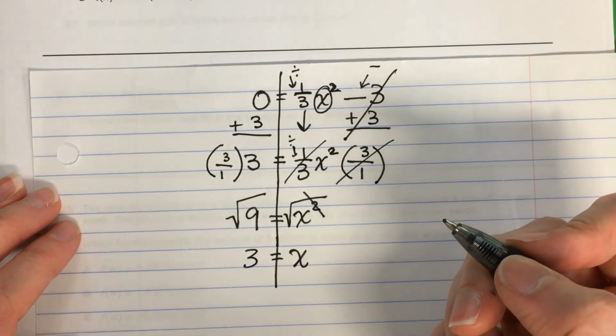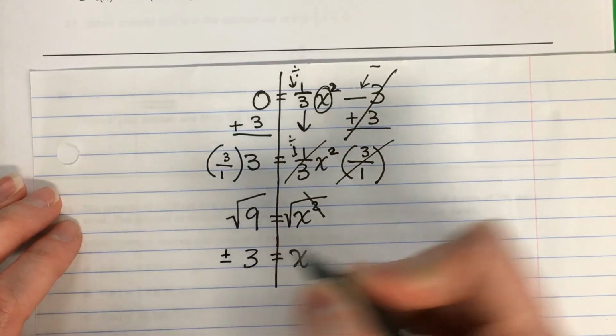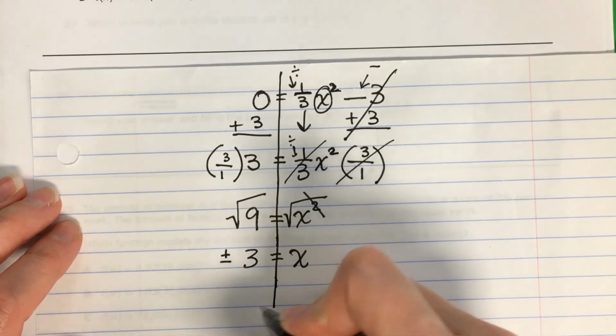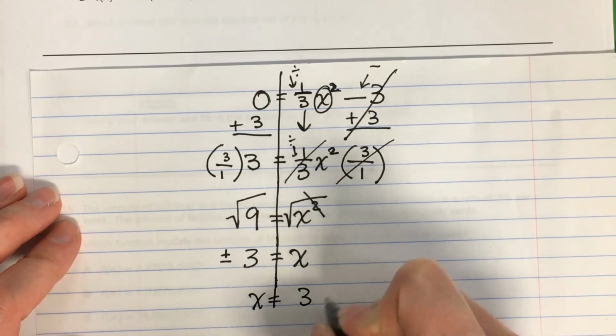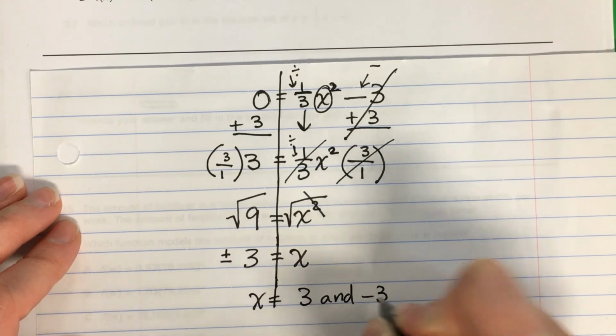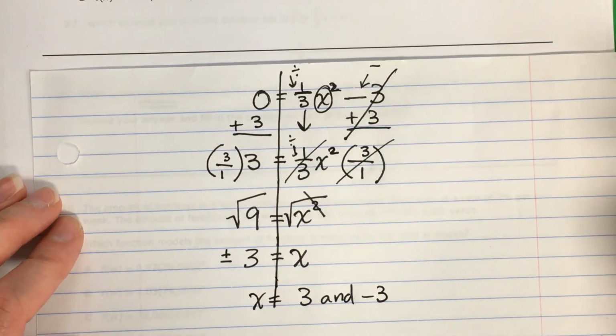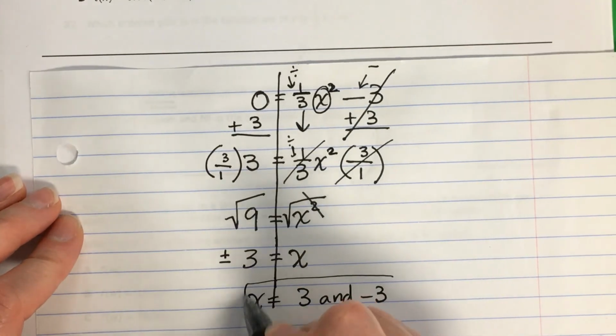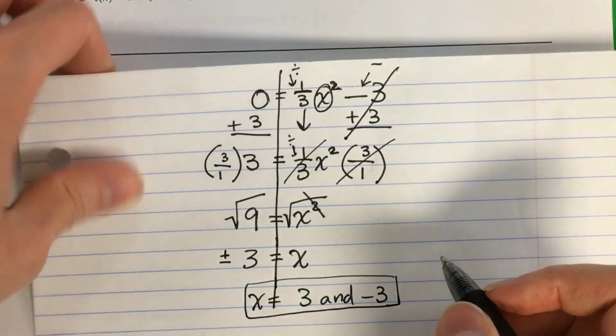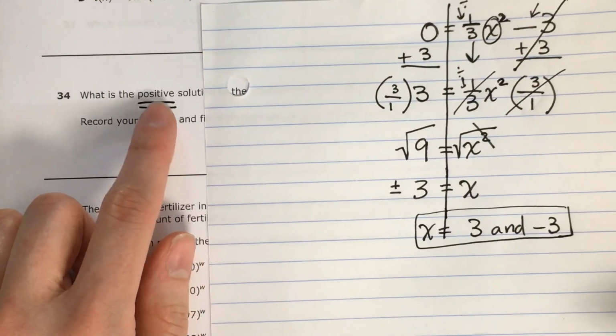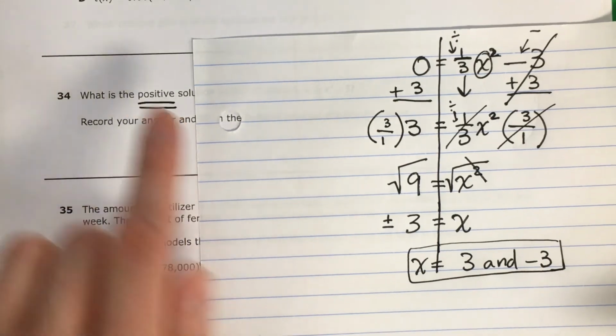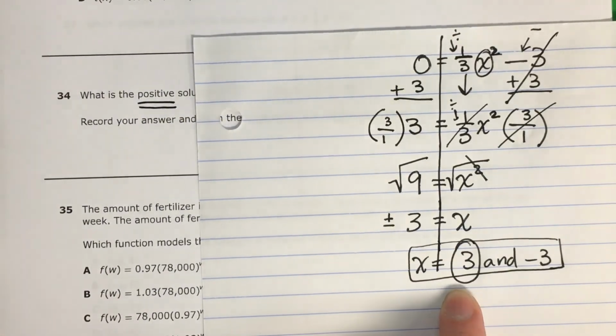And when you square root, the answer is the positive and the negative number. So the answer is x equals 3 and negative 3. So here are my answers. But I want the positive solution, so the positive one is 3.